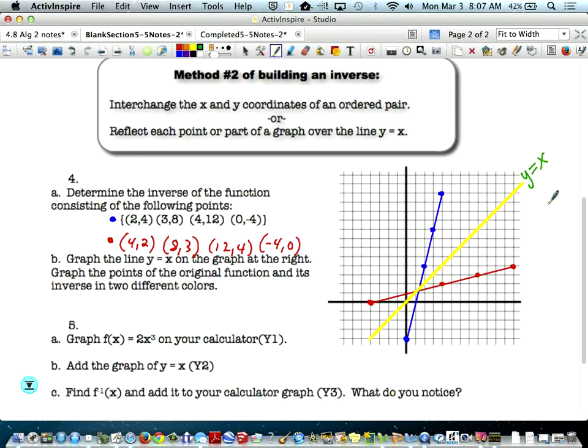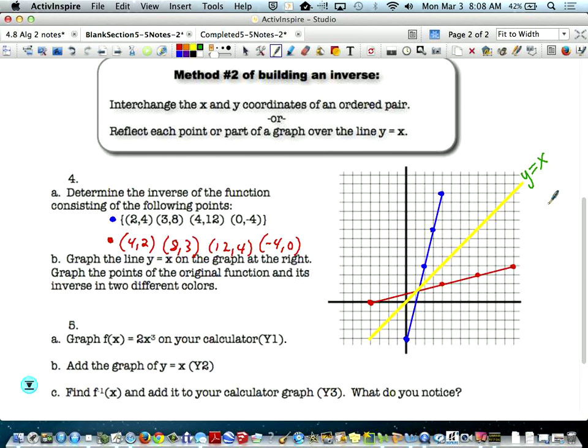In other words, if we fold it on that line, they're equally spaced at these two dots, equally spaced at these two dots, same there, and the last set.